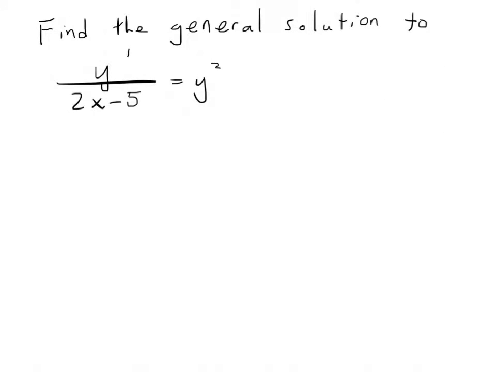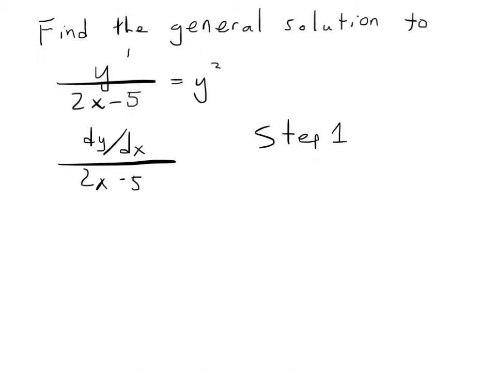So I want to find the general solution to the differential equation y prime over 2x minus 5 equals y squared. Earlier in the lesson we said that we wanted step 1 to be where we rewrite y prime as dy dx. So I'll simply write dy dx over 2x minus 5 equals y squared.